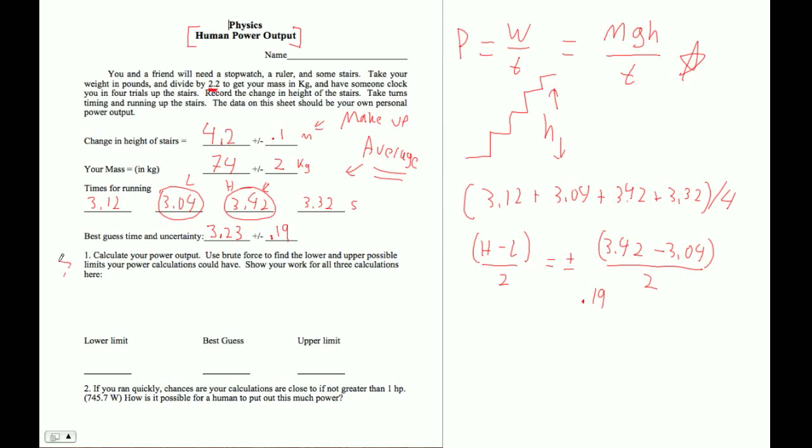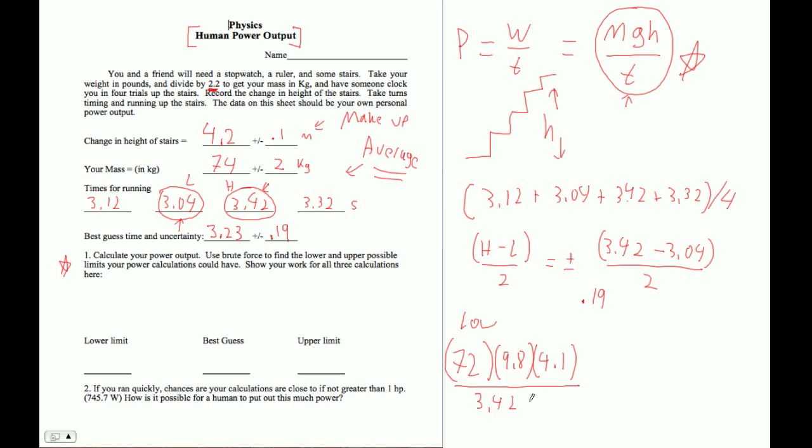Then it says calculate my power output. That's pretty easy. For my lower limit, I'm going to use the biggest time, the smallest mass and the smallest height. I'm doing mgh over t. The lowest mass could have been 72 kilograms, times 9.8, the smallest height could have been 4.1, and for the lowest power I use the biggest time, 3.42 seconds.